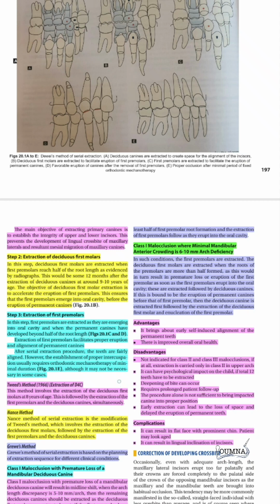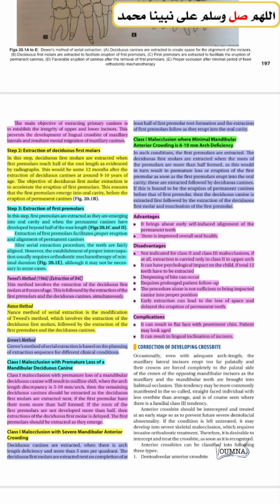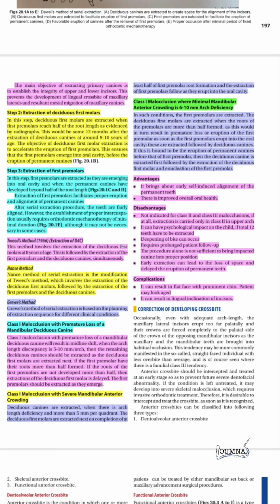When the premolars start to emerge inside the oral cavity, we will extract them, and we should make sure that before extracting the permanent first premolars, the permanent canine has reached its half root length, and if it didn't, we must delay the extraction of the permanent first premolar.